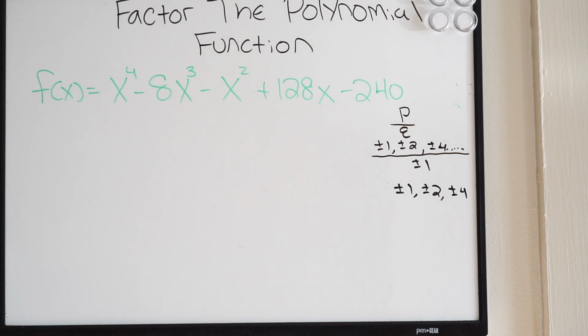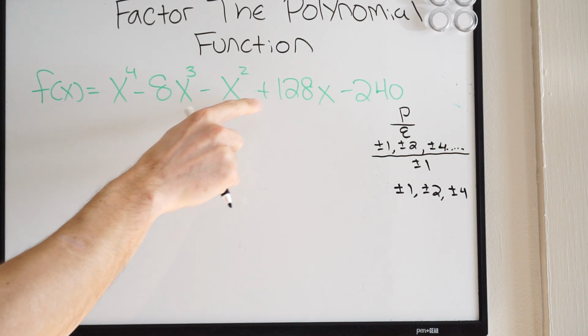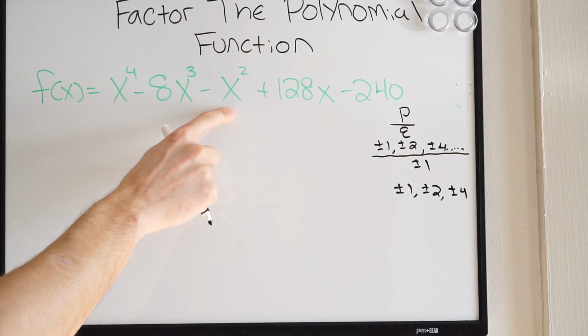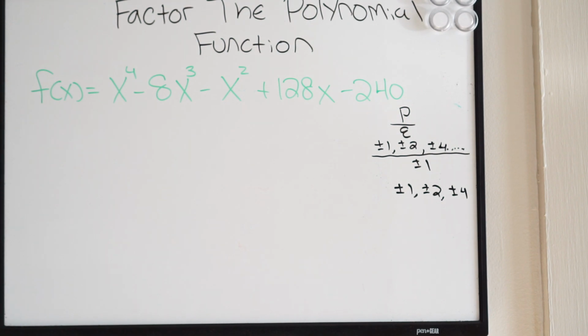Remember, if it skips a term, you need to write a 0 in for that coefficient. In this case, we are not skipping a term. We're going right from x to the 4th, x to the 3rd, x to the 2nd, x, and then our constant. We do not skip a term. Again, you are going to have to check out my other videos on synthetic division and the rational root theorem in order for this to make sense.